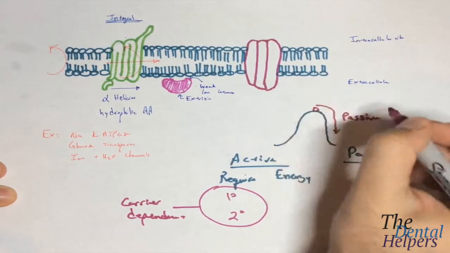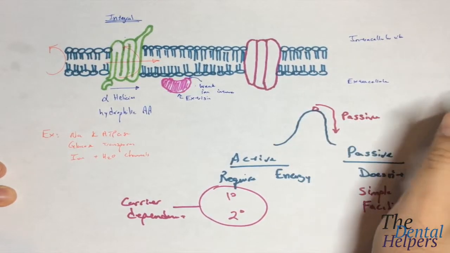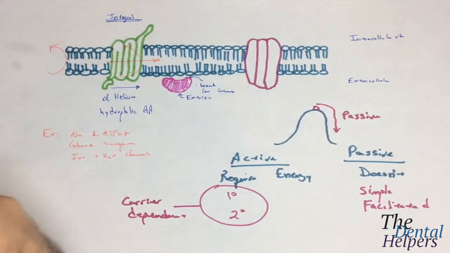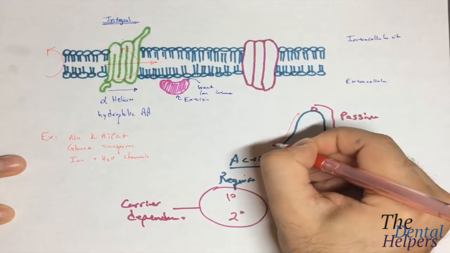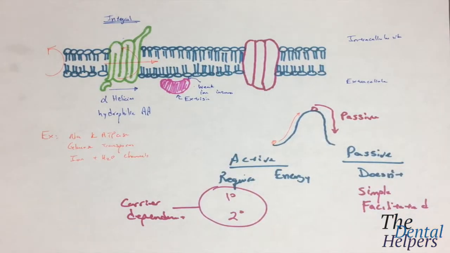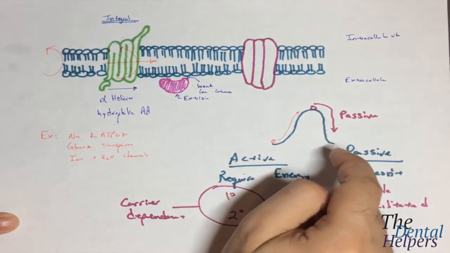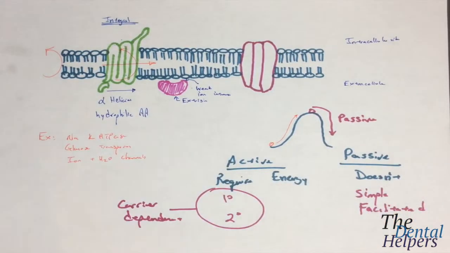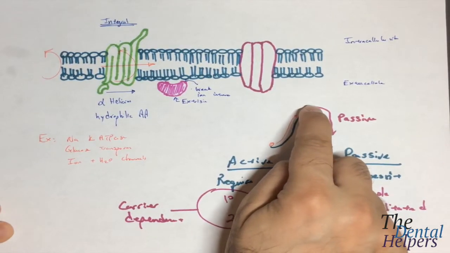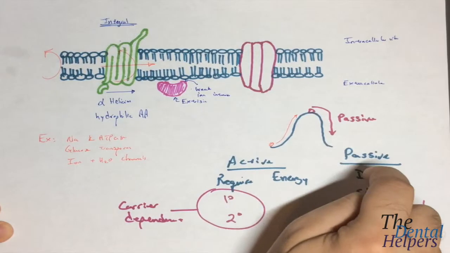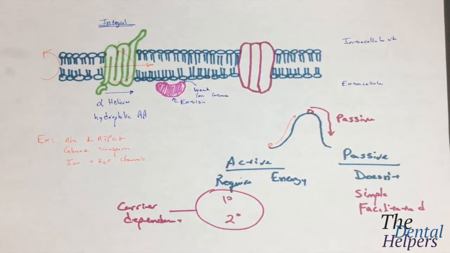So if we have a stone up here and we're rolling it down, that's considered passive. Now if we're looking at active, active is kind of the opposite. We have that same stone and we're rolling it up the hill. This is going to require energy. Same thing as if you're rolling a big boulder up a hill, that's going to require a lot of energy to do that. But the moment it hits the max and you just tap it, it's going to go on its own down the hill. So that's an easy way to remember passive versus active transport.